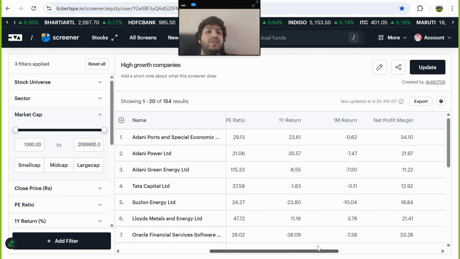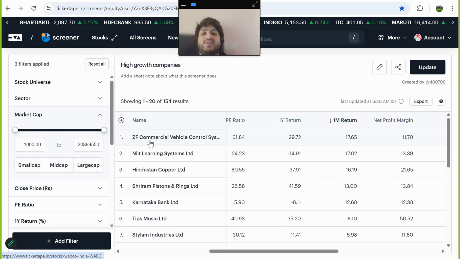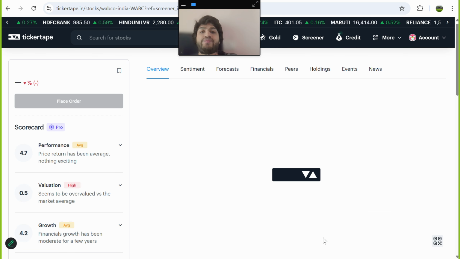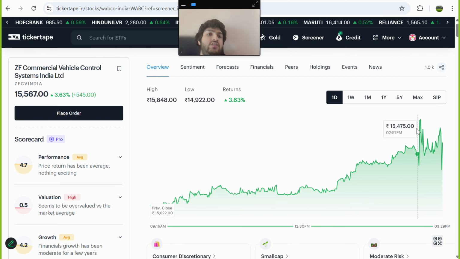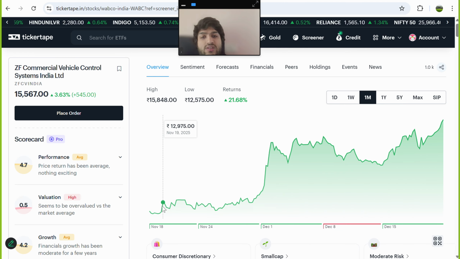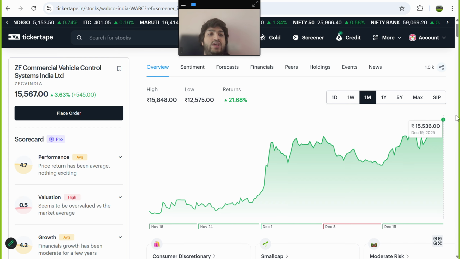Now, if I want to arrange it in decreasing order of monthly returns, in the last 1 month, this particular ZF Commercial Vehicle Control Systems has given the maximum run-up. So here, if you see, in the last 1 month, the stock which was trading at 12,700 on November 18th is trading at 15,536 on December 19th.